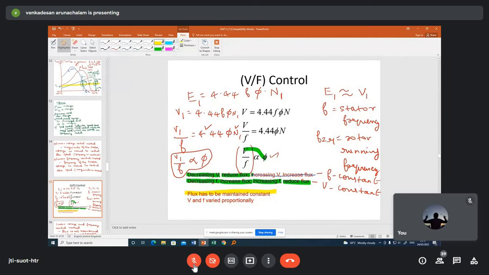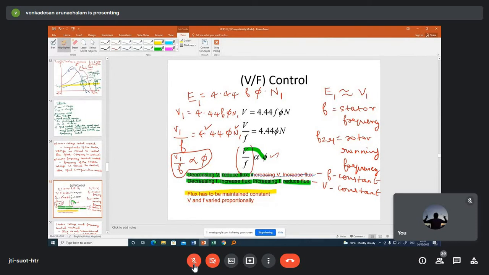In that case, maintaining the flux is not possible, even though that is our desired requirement. So these are the common disadvantages of both voltage control and frequency control.